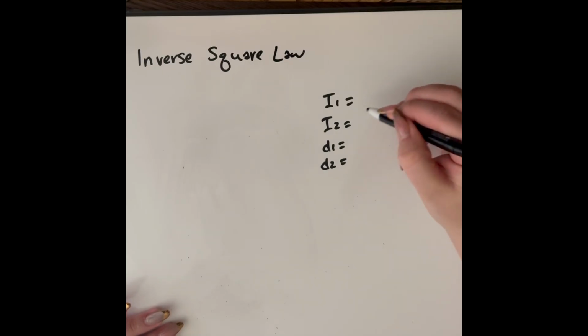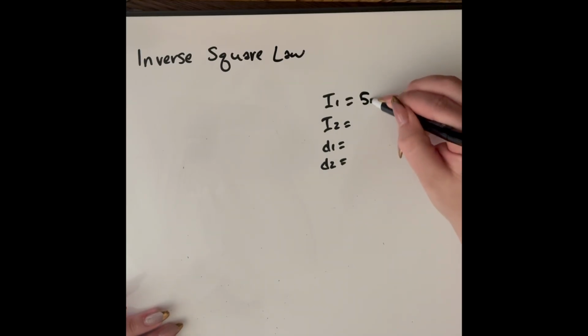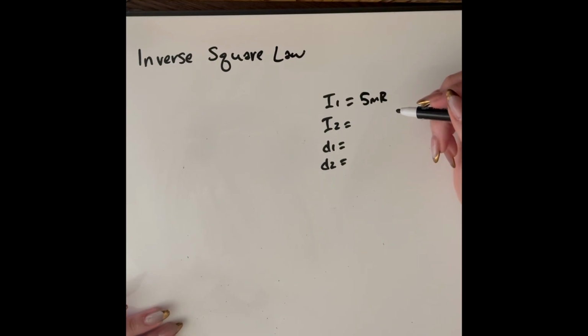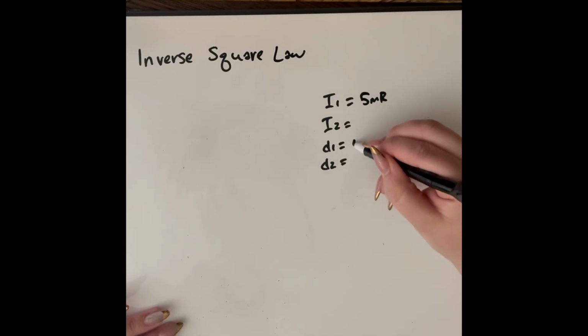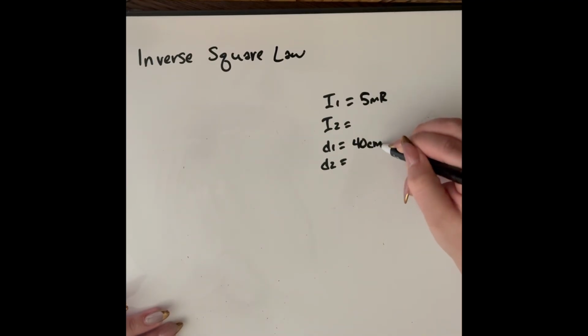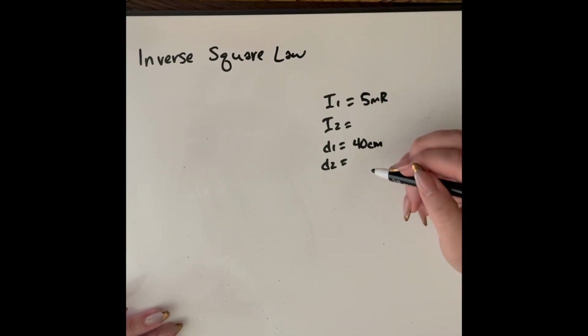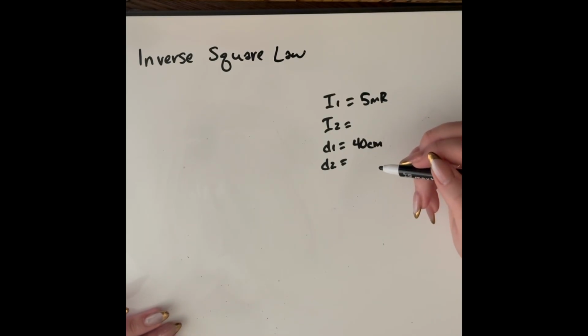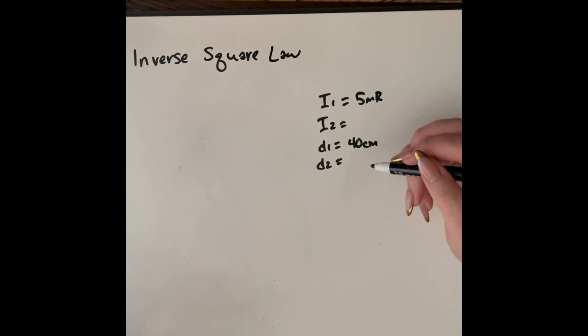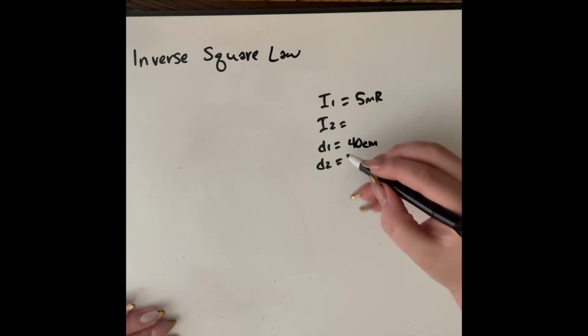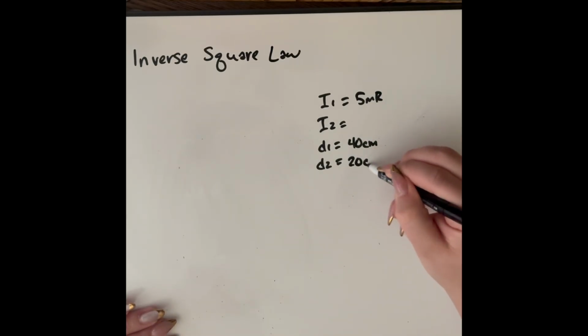So our first intensity is 5 MR at 40 centimeters. Now, your distances can be in inches, centimeters, or kilometers if you wanted. They're going to cancel out. So at the end of the day, we don't really have to worry about what it is, we just have to know how to solve. Our new distance here was 20 centimeters.